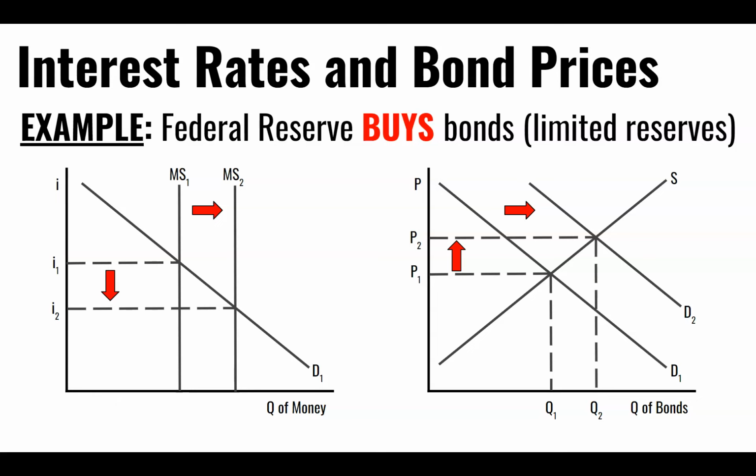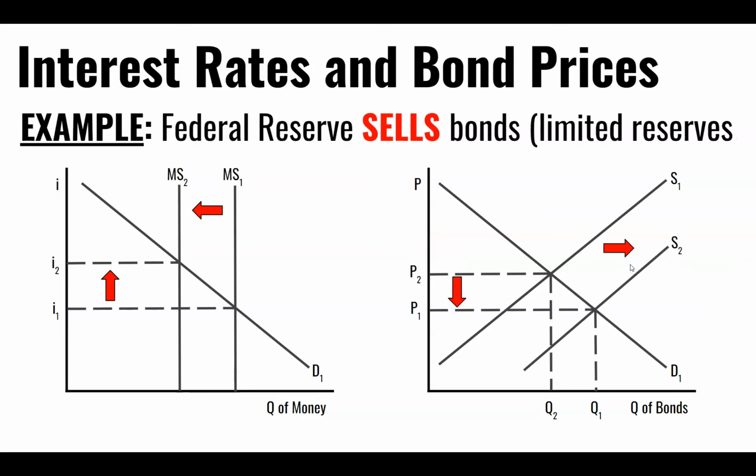That's an increase in the demand for previously issued bonds. And that increase in demand driven by the Federal Reserve causes the price of those previously issued bonds to go up. So we see that negative relationship. A decrease in the interest rate results in an increase in the price of previously issued bonds.